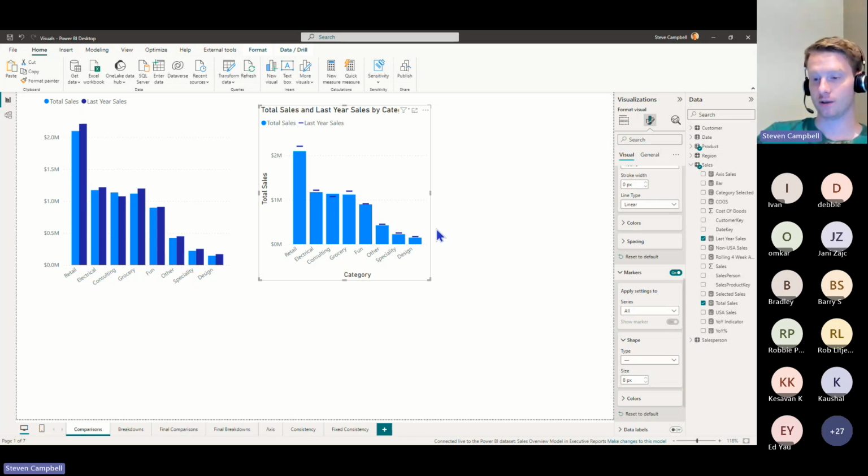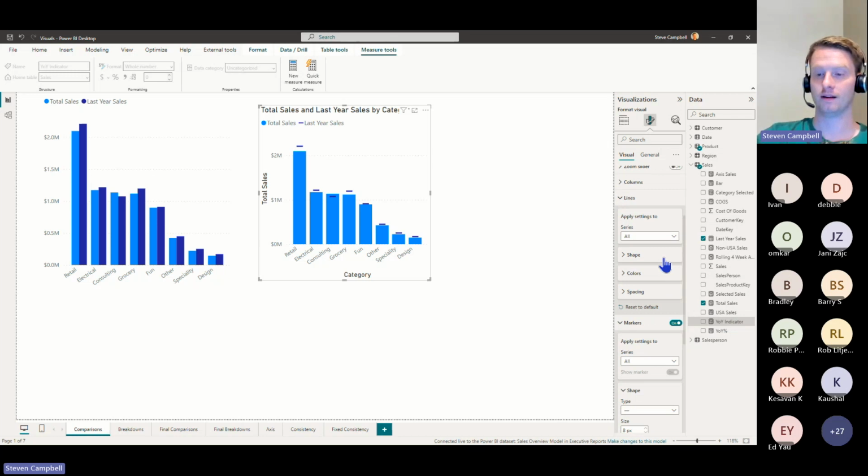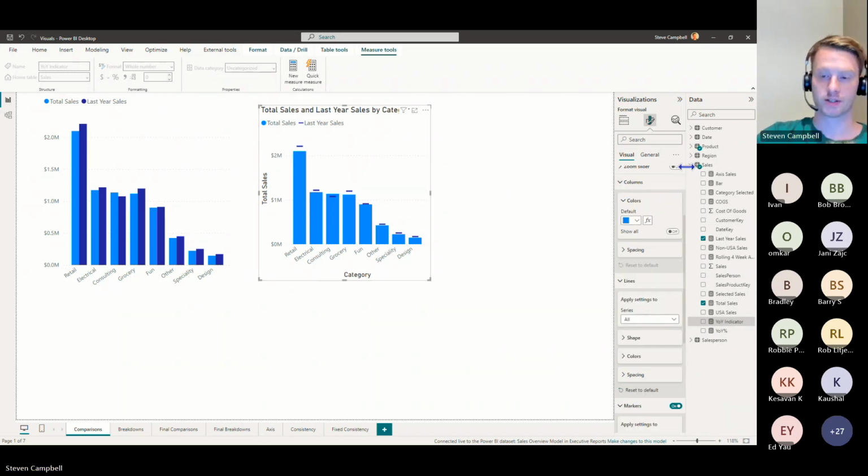And then what I normally do is include this year-over-year indicator. This year-over-year indicator is just a 1 or 0 column saying if sales this year is greater than last year, do a 1, if not, do a 0. So then I go to my colors.